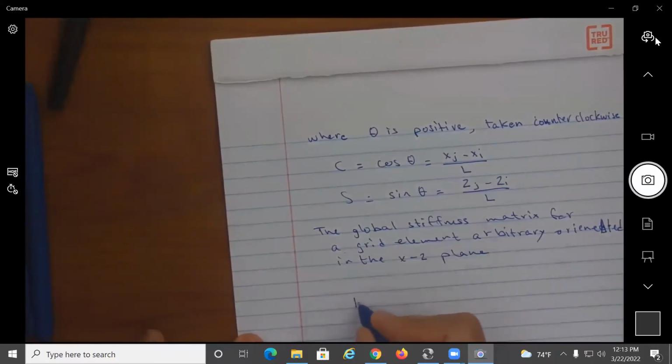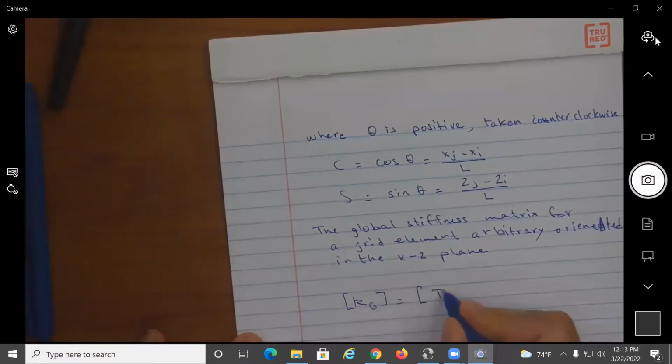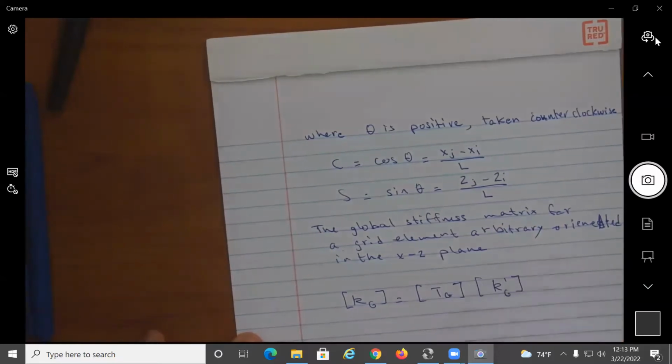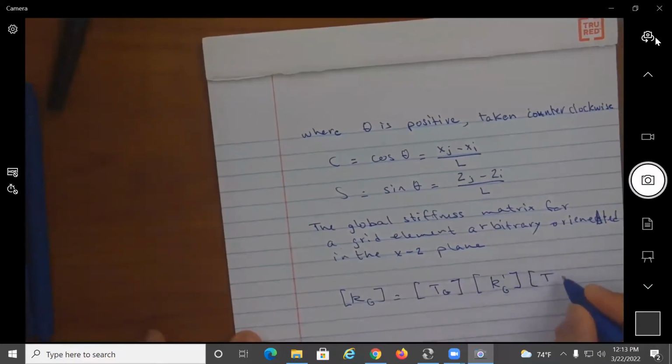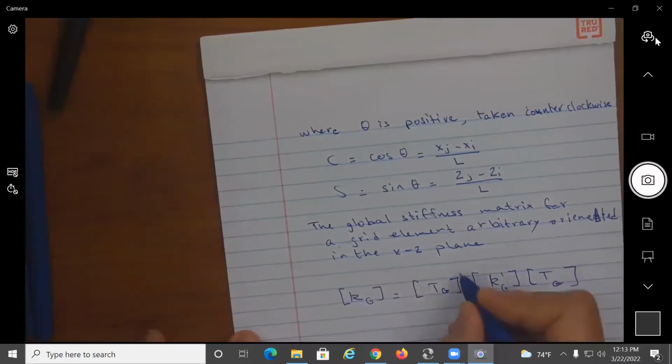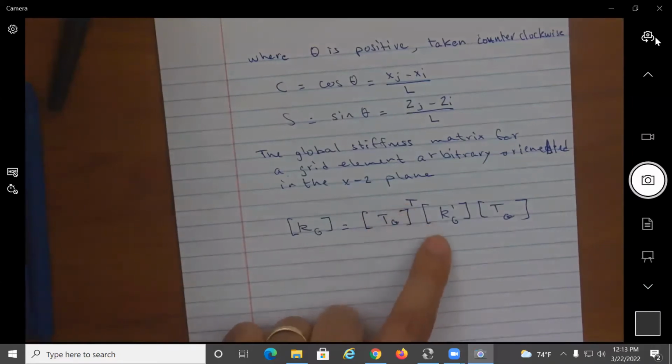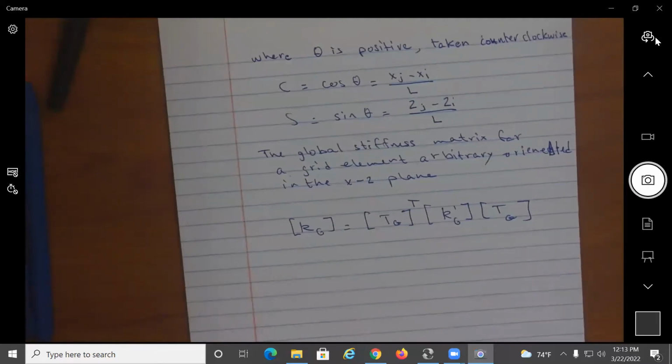So this K global would be equal to TG transpose multiplied by k prime, the element stiffness matrix of the grid with respect to the local axis, multiplied by the transformation matrix for the grid.